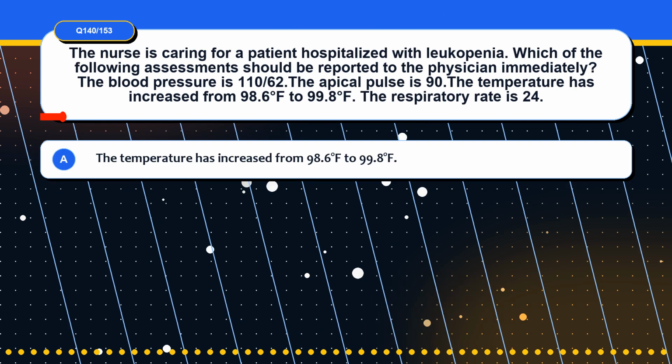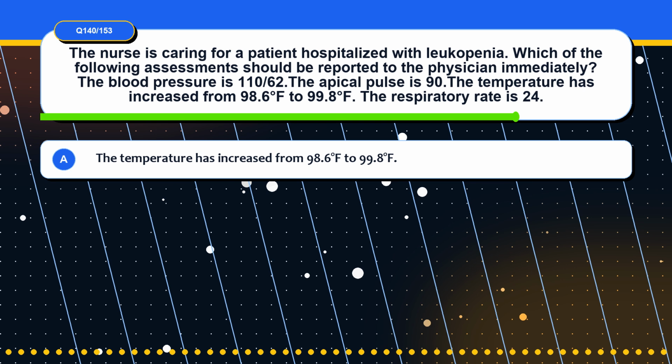Question 140. The nurse is caring for a patient hospitalized with leukopenia. Which of the following assessments should be reported to the physician immediately? The blood pressure is 110/62. The apical pulse is 90. The temperature has increased from 98.6 degrees F to 99.8 degrees F. The respiratory rate is 24. Here are the options.